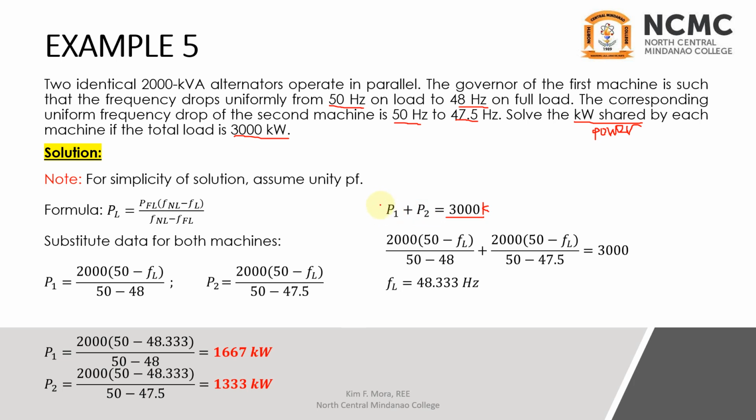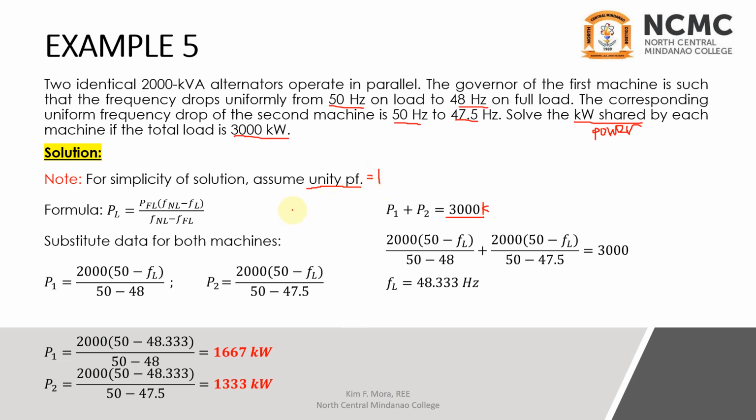So the total load of our machines is power 1 plus power 2. Since our problem did not give a power factor, we will assume that the power factor is at unity, or equal to 1.